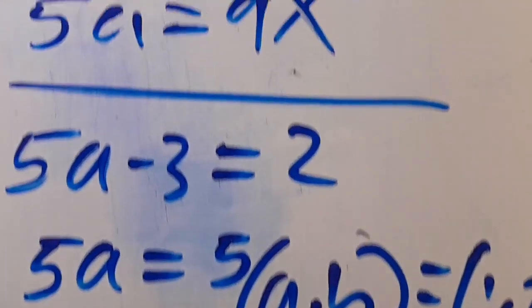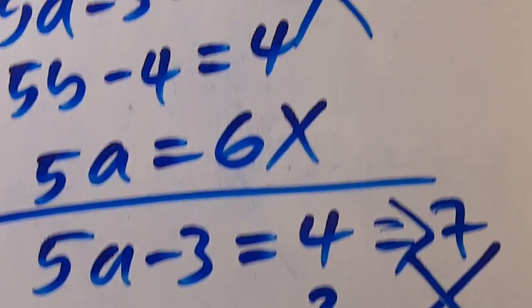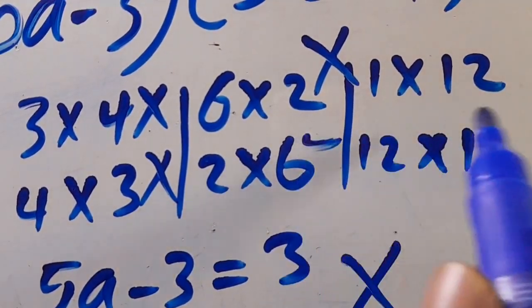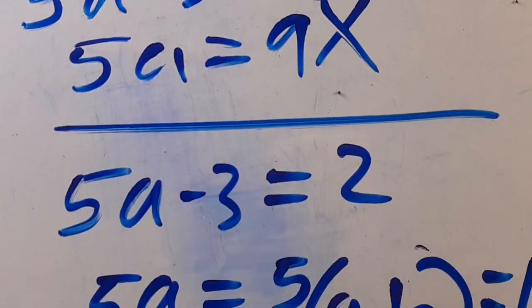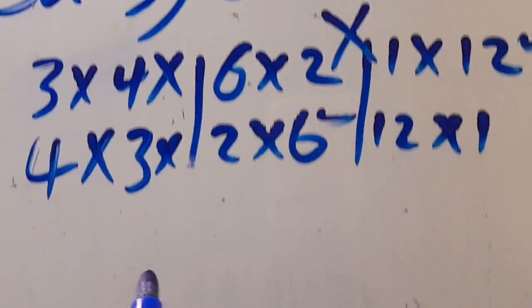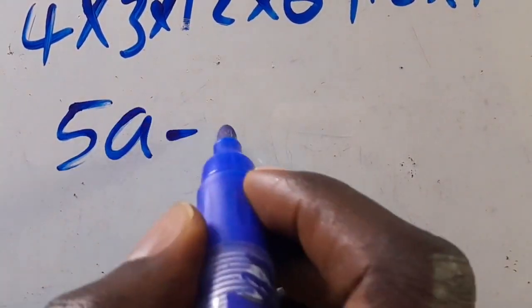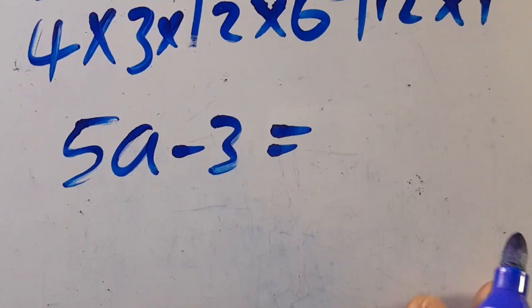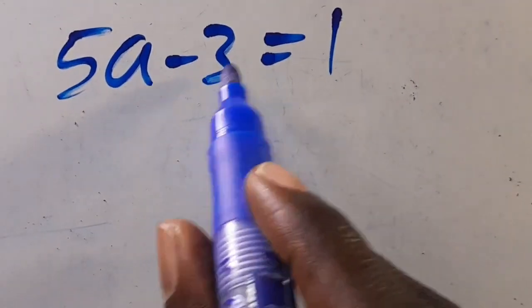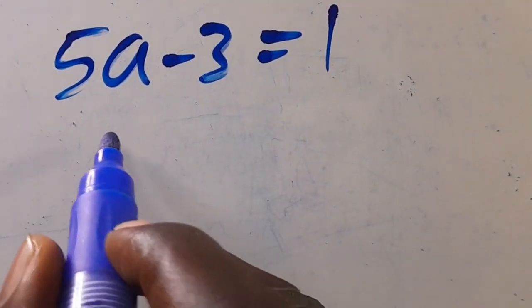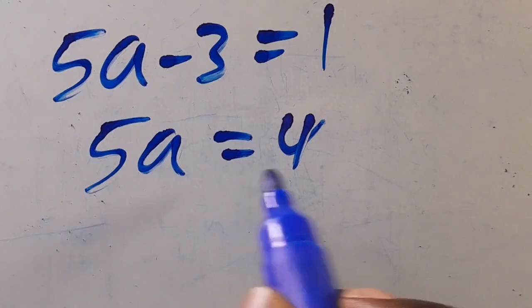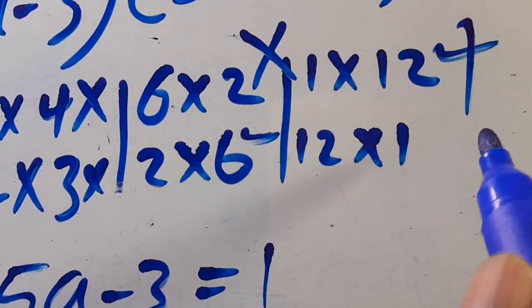Now, let's also consider this and see what will happen. So by considering this one, we have 5a minus 3 will be equal to 1. So taking this one to the other side, we're going to have 5a equals 4. We don't want a fraction that will be a decimal, so we also cancel this.